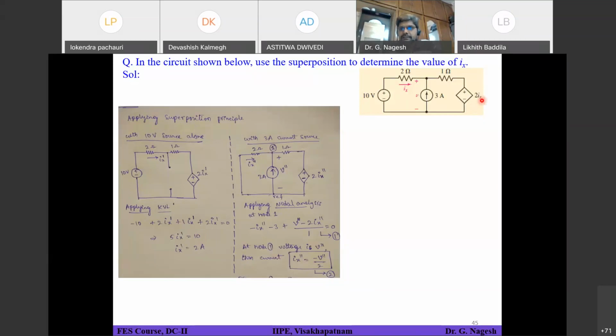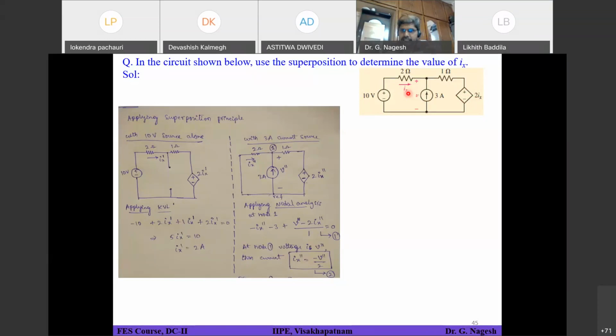This source output is a voltage source, and it is depending on some variable. That variable is Ix, the current flowing in this branch in the direction from left to right. It is depending on that value. So whatever Ix is shown here, that should be shown here.